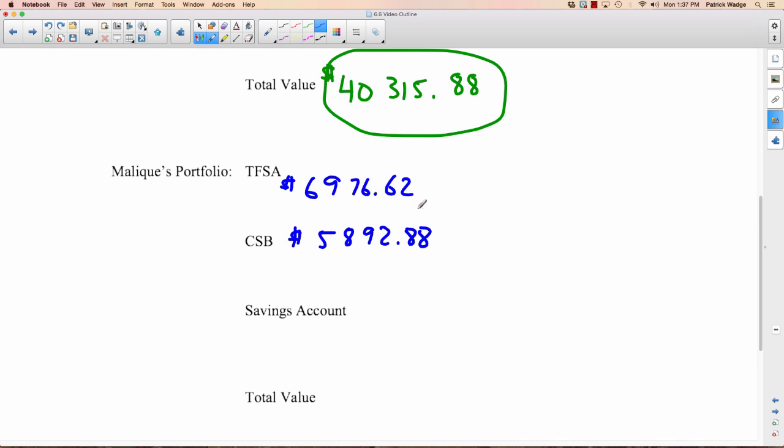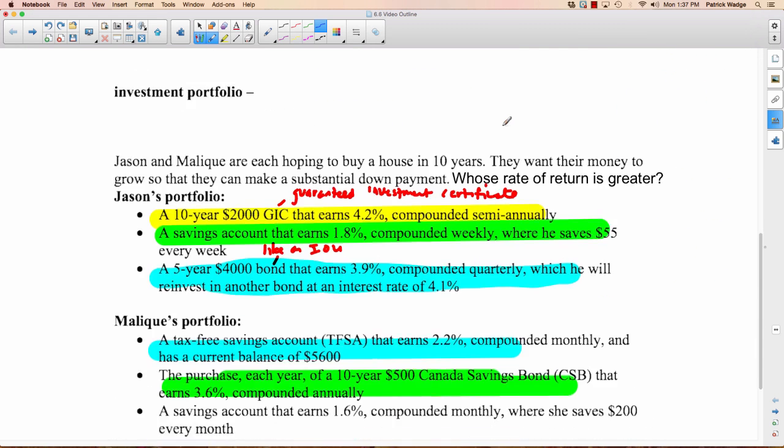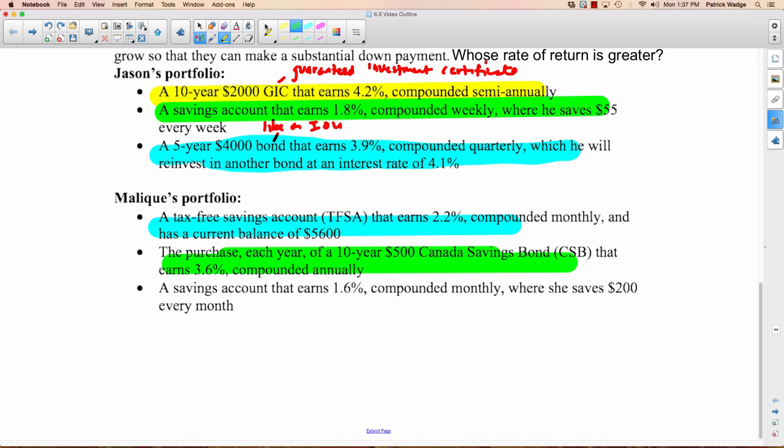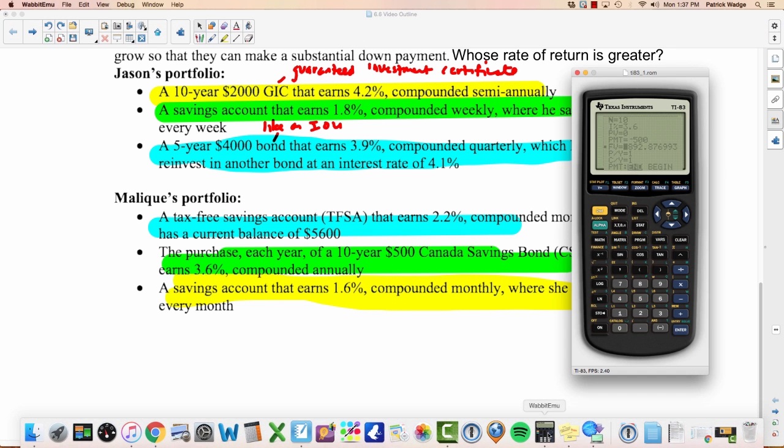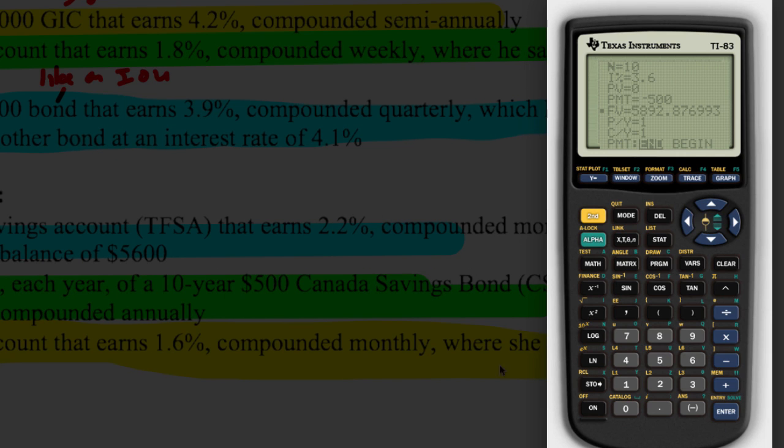$5,892.88. We're almost done. We just have to do the savings account, and don't worry, there's only one thing we have to do, not two like we had to with Jason. So this one here, bring up that graphing calculator, and what do we got? It's compounded monthly. So monthly over 10 years, that'd be 10 times 12, which is 120. The percentage is 1.6. Now what's she doing?